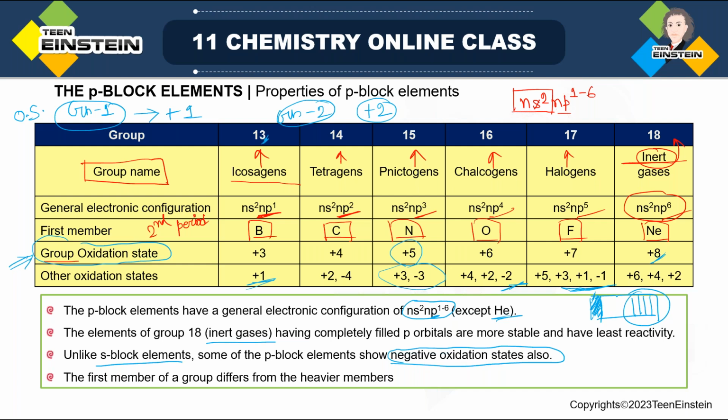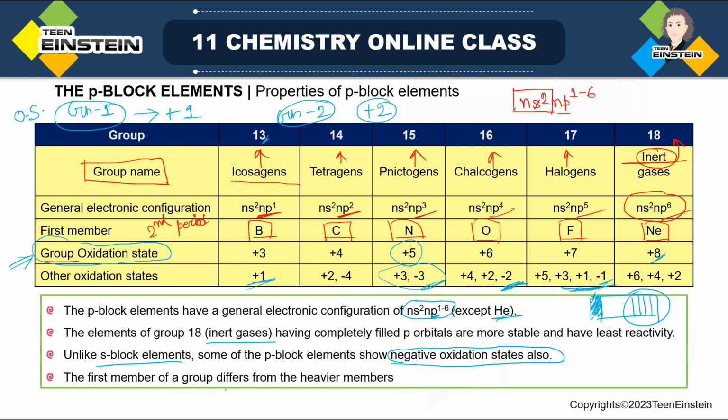That is expected, because we expect positive oxidation states from electropositive elements, and negative oxidation states from the less electropositive elements, where electronegativity is very high. So in group 17 we have -1 state, in 16 we have -2, and here also we have -3. This is why we get negative oxidation states, which we have not seen in s block elements. There, only positive oxidation state is possible.